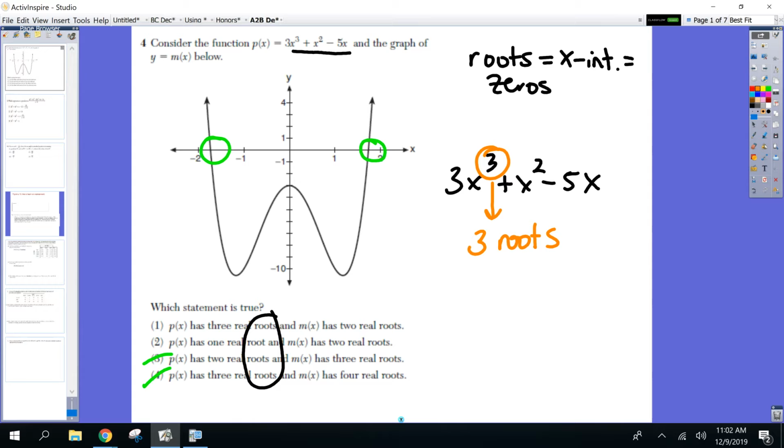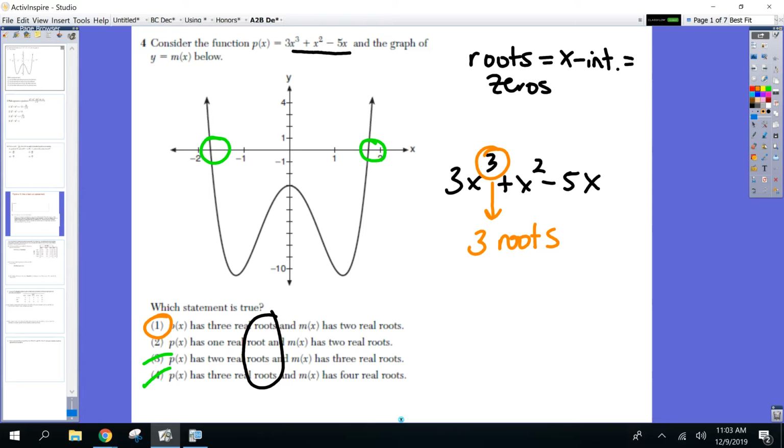Another way of doing it, graph it on your calculator and see how many times it crosses the x-axis, and it should cross 3 times. Questions there on roots, finding it on a graph, or just knowing before you even start the problem how many roots there are? We all good?